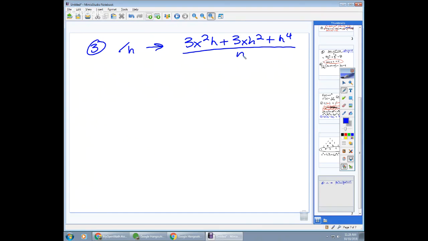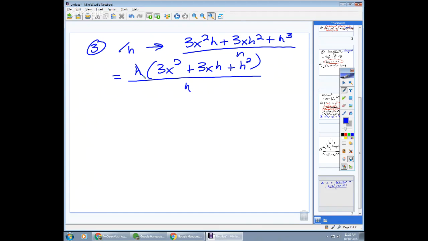You can divide each piece by h, or you can factor an h out. H to the fourth. Oh, it's h to the third, sorry. That was another problem, wasn't it? H to the third. Is that what you're going to point out, William? Yeah, so if I factor the h out, I get 3x squared plus 3xh plus h squared.